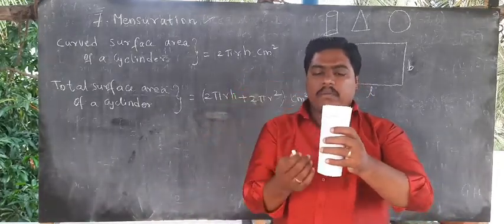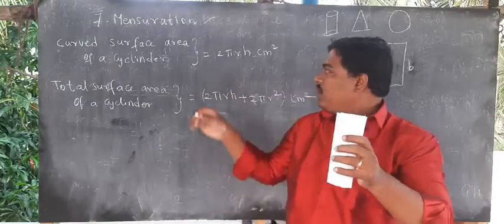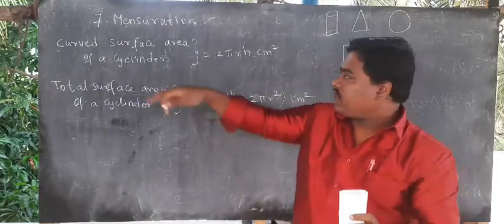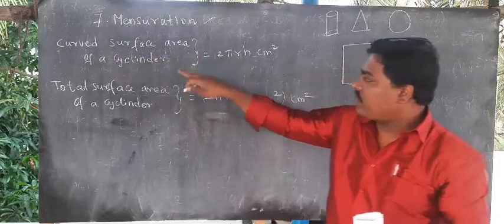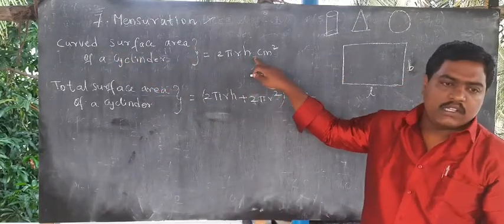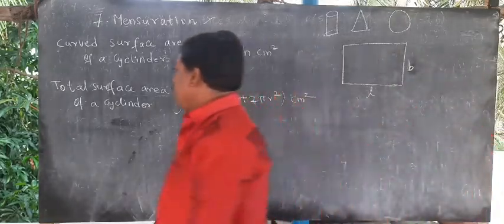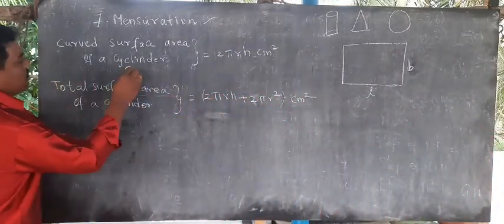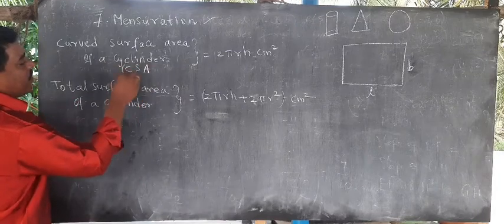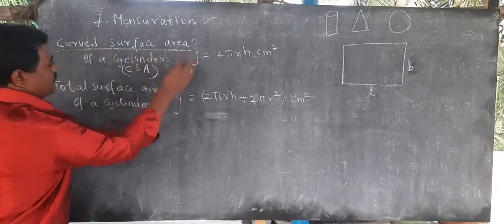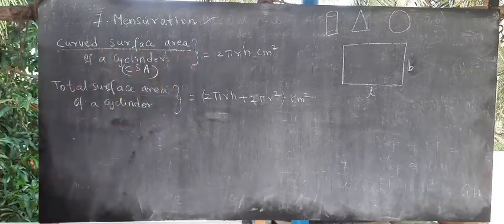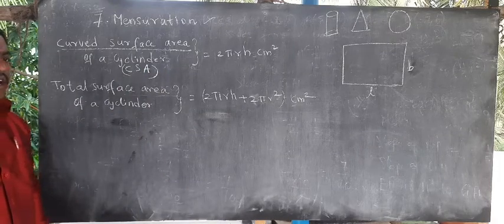So what are the parts? This covered part is given by the formula: curved surface area of cylinder is 2 pi RH centimeter square. I mentioned CSA of a cylinder.